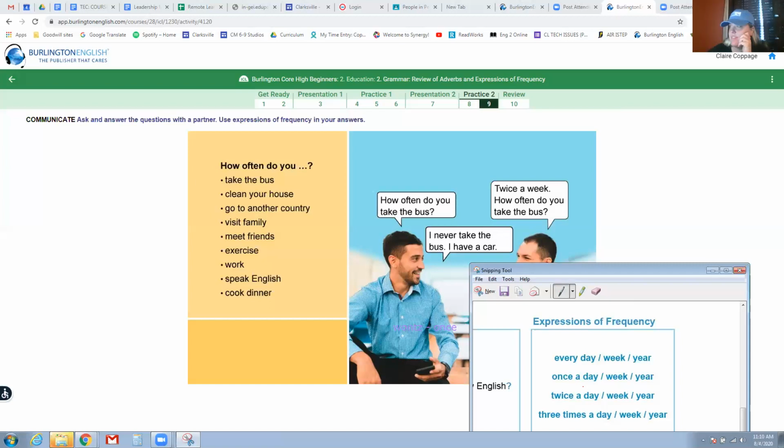Good. I rarely visit family now too because of COVID. I don't see my family that much anymore. I miss my mom. Es que my family no near my country. Yeah, they live far away. I from Venezuela.